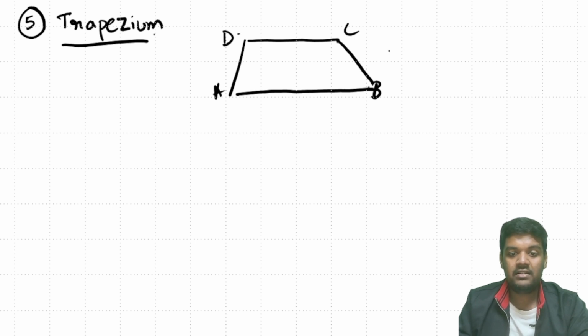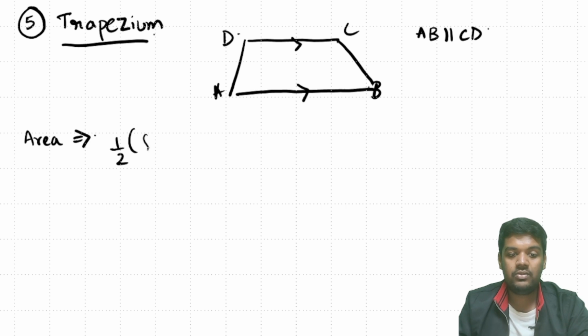So let's say in this trapezium ABCD, AB is parallel to CD. So ABCD is a trapezium. Now there are some important properties related to trapezium. First, let's say area. So area of a trapezium is half into sum of parallel sides into height.